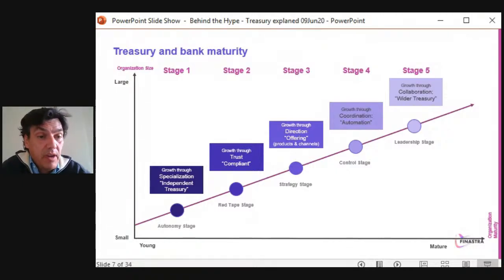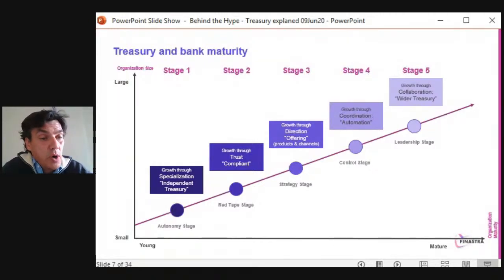You always have the same functions inside the Treasury. But in this chart, you can see the evolution of the Treasury. At the very beginning, let's take the example of a very small commercial or retail bank. You will execute all the Treasury functions within the core banking system. At some point, when you grow and provide more loans and mortgages to your clients, you want to have an independent Treasury with an independent system.